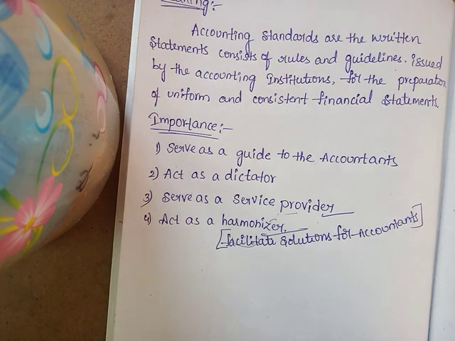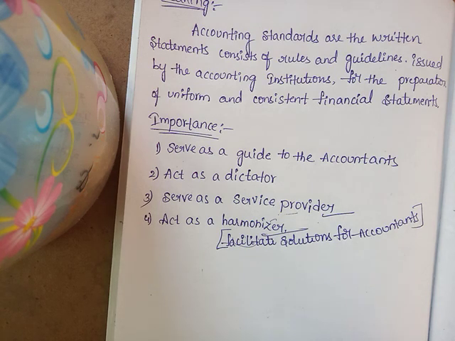Okay, so in which year were these accounting standards constituted? In the year 1977, ICAI and IASC, these two bodies constituted this accounting standards board, that is ASB. Okay, so this is our today's class.